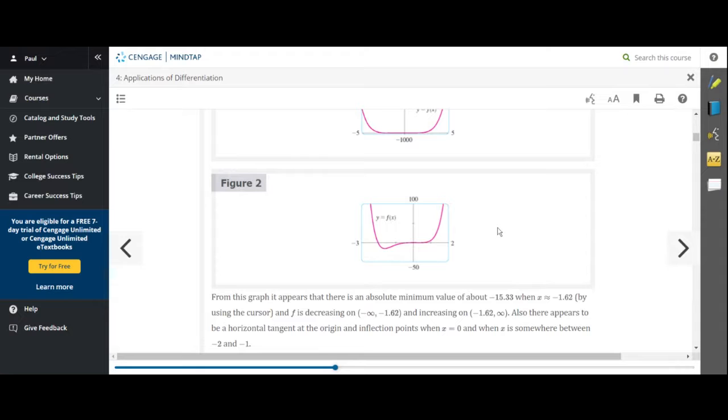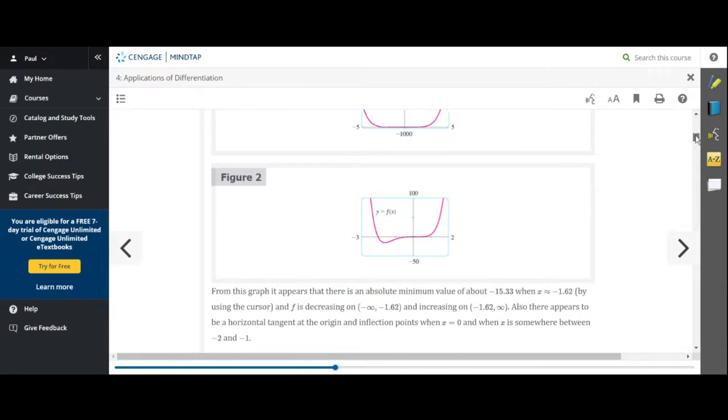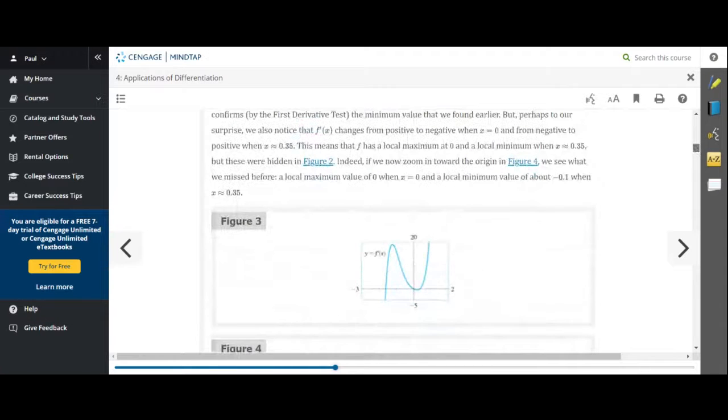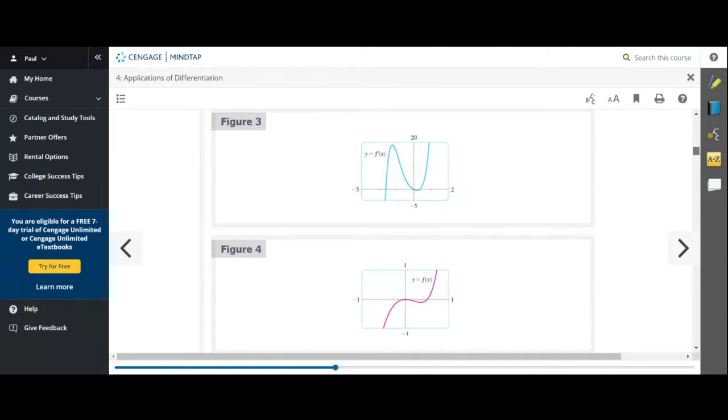So, really, what's involved here is graphing the first and second derivative of the function, and then based on that, finding out where the function increases or decreases and where the function is concave up, concave down.